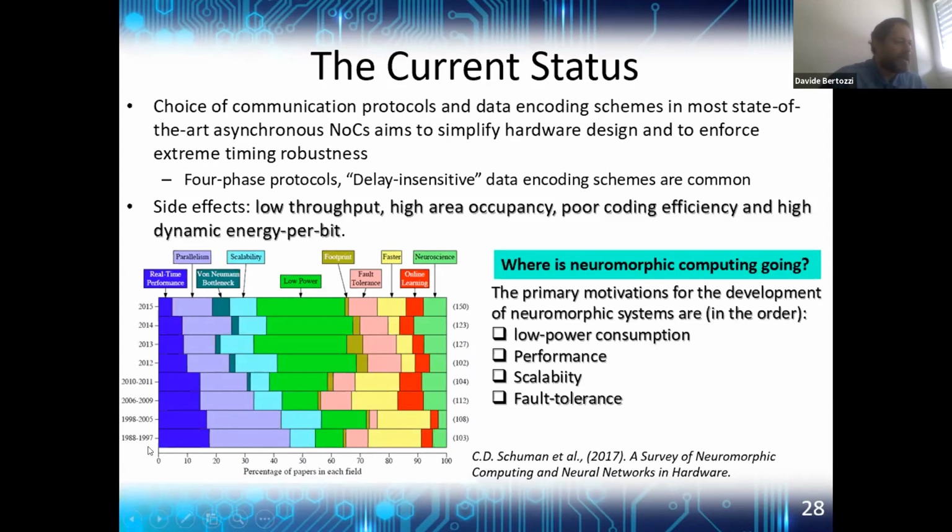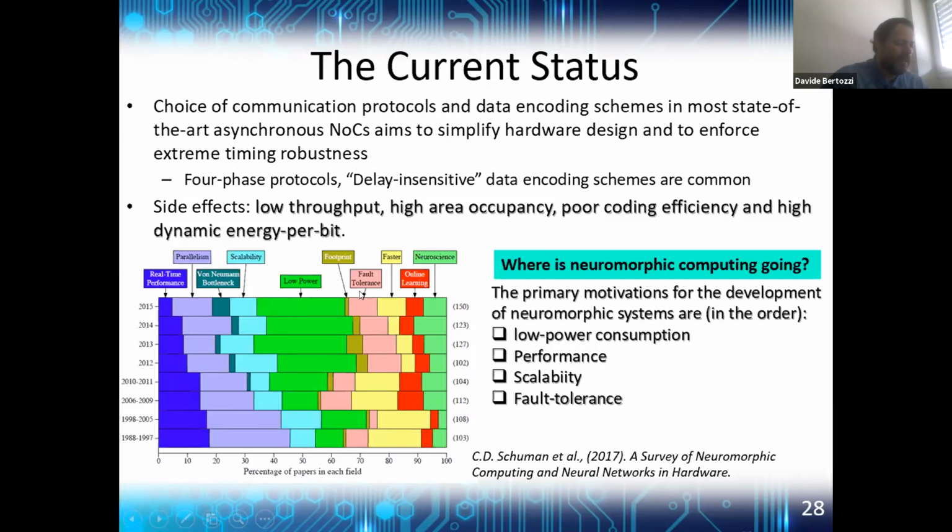And you can see that as we move from the early days of neuromorphic computing to the current days, there is a growing emphasis on low power consumption. So we want to fundamentally go for lower and lower power neuromorphic systems. Other important requirements, in addition to low power, are performance, the need to sustain real-time performance and high levels of parallelism, and fault tolerance. And then there are other metrics as well.